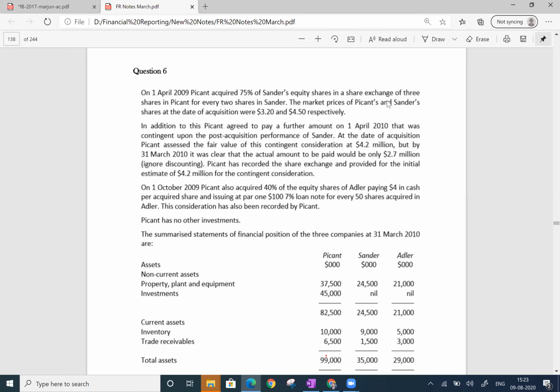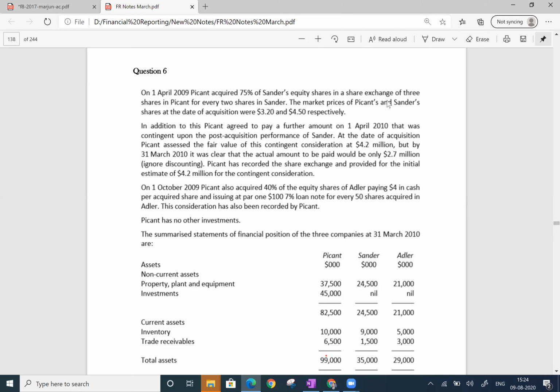In that technical article they have explained in detail what types of consolidation questions will be asked and what consolidation adjustments will be tested, and for each and every adjustment they have given one or two examples, and one big question was also there. So please go through those technical articles if you have not gone through them.